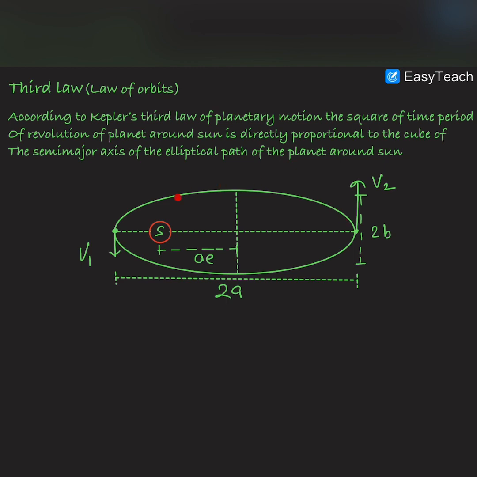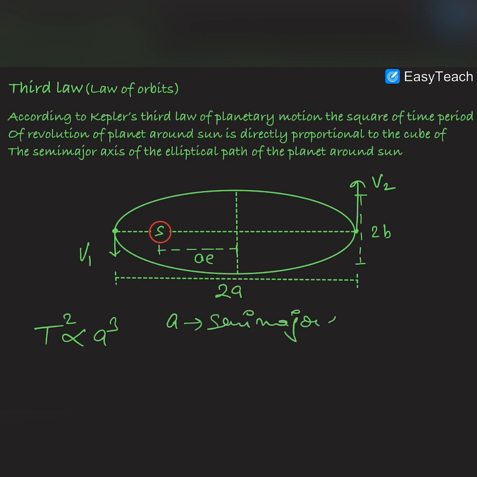In this motion, the time period of the elliptical motion about the sun, or the complete time in which the planet would complete one revolution, is directly proportional to a cube. Square of the time period is directly proportional to a cube, where a is the semi-major axis.